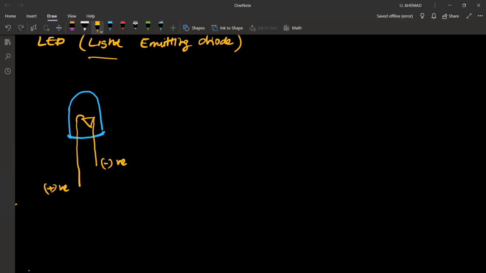In the diagram we show it like this: a diode with arrows going out. That means it is emitting light. Current will flow in this direction and it acts like a normal diode.